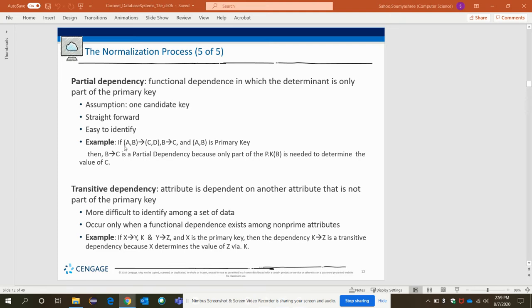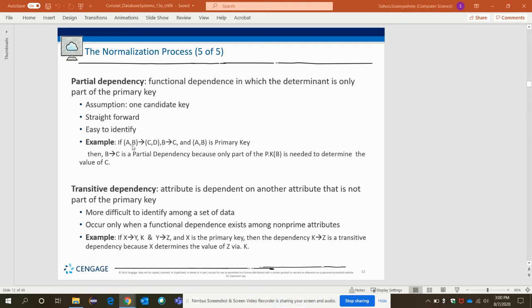Let's say there is a relation in which you have AB tends to CD and B tends to C. Here, AB is considered the primary key, and both of them together determine the values of the attributes C and D, and B alone, a part of the primary key, is determining the attribute C. As per the definition of partial dependency, the determinant should be a part of the primary key.